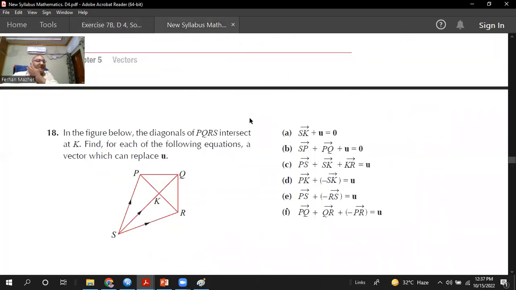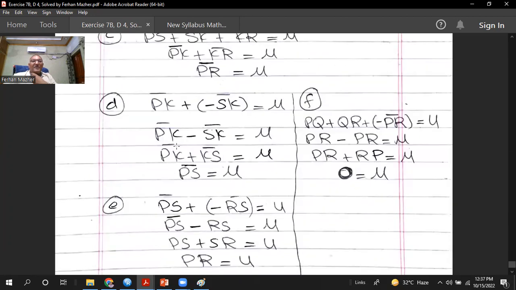Okay, then they say PK plus, in the bracket, minus SK, equals U. So PK plus minus SK equals U. When this negative becomes positive, the order will change, and so it will be PK plus KS equals U. So it will become PS equals U.